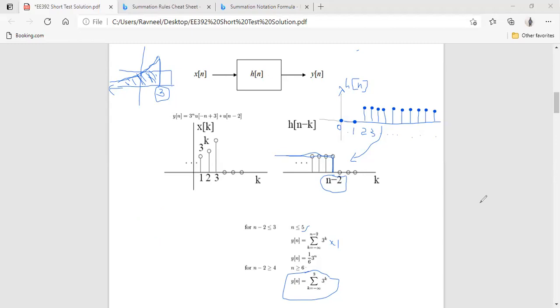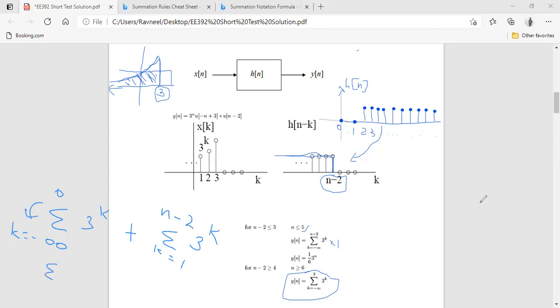We can rewrite this as summation of k equal to negative infinity till 0 of 3 of k, plus summation of k equal to 1 till n minus 2 of 3 of k, right? So in this particular case, this one switches the limit, and we find the inverse of this.